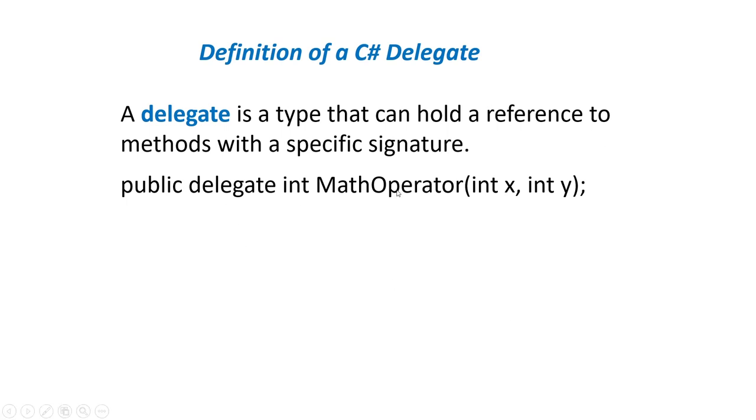So what then happens is that down the line in the program, you can define a variable of this delegate type, and you can assign any method or any function to that variable, as long as the method you are assigning matches this signature, which is that it has two input parameters of type int, and the return type is also int.